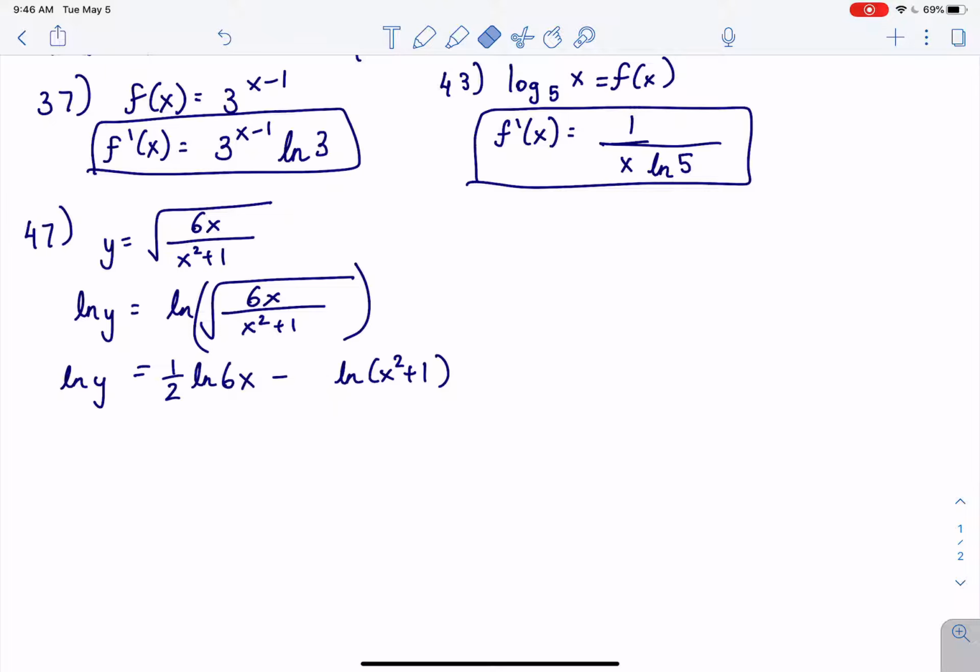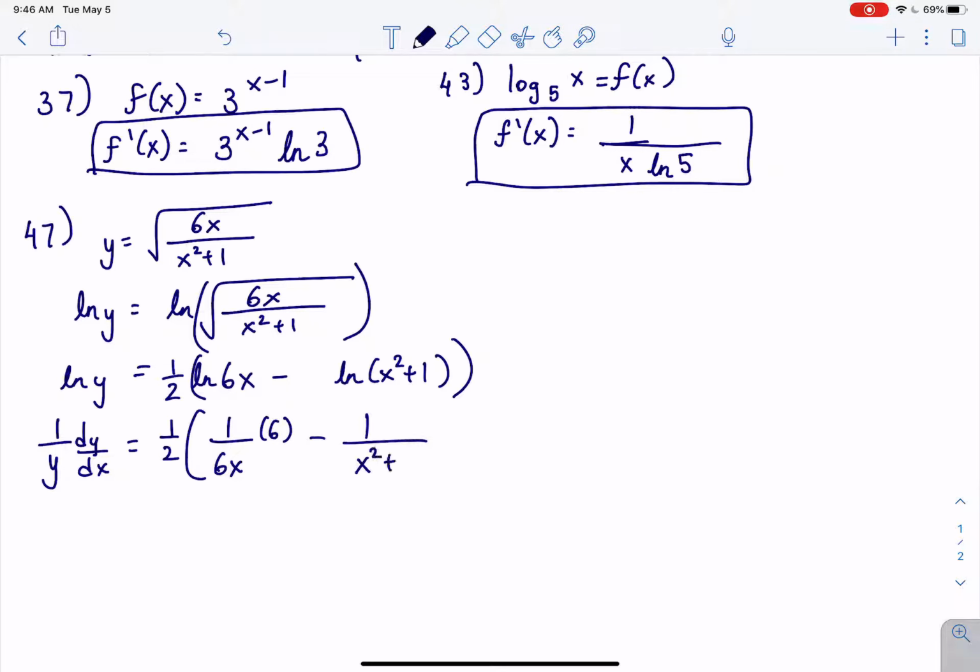To make this a little simpler, I'm just going to keep that 1/2 factored out. Okay, so now we take the derivative. We go 1 over y dy dx equals 1/2 times 1 over 6x times 6, because of the chain rule there, minus 1 over x squared plus 1 times 2x, again chain rule.